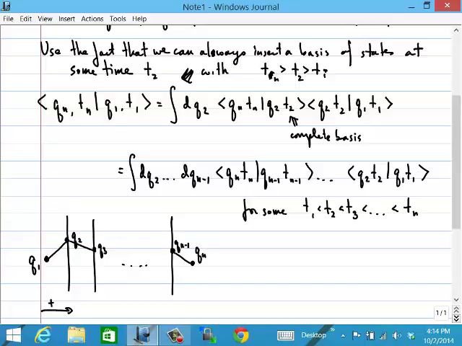Okay? And what we'd like to imagine doing is taking the limit where n goes to infinity, and the differences between these times, say ti minus ti minus 1, which I'll call delta t, goes to 0.